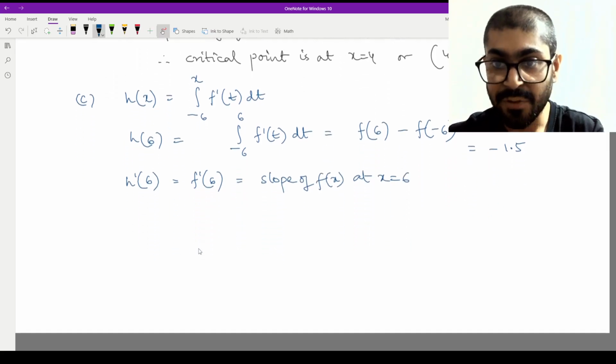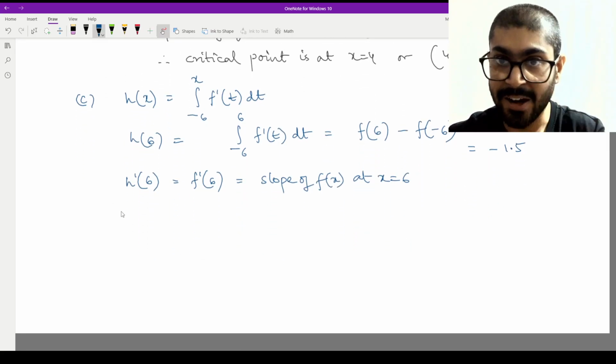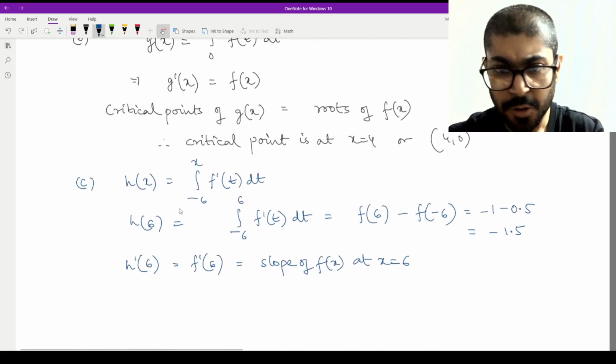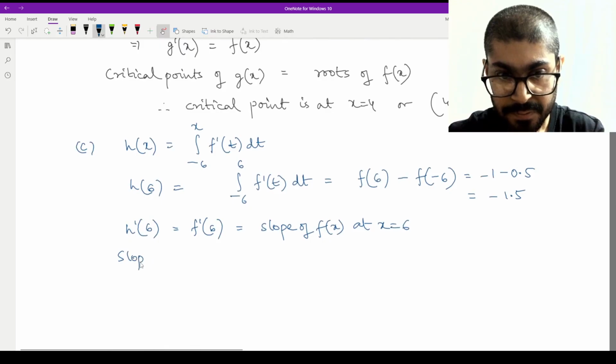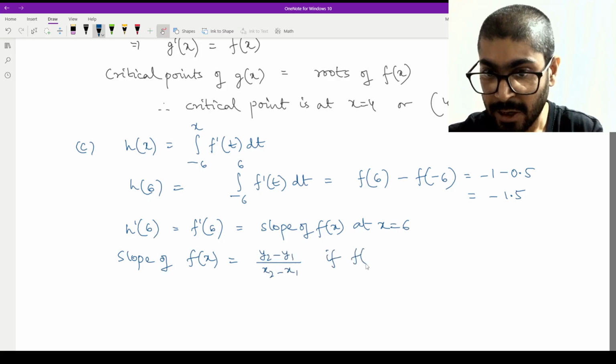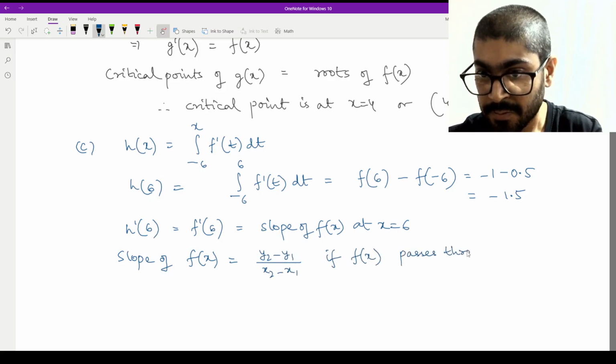Now f of x in the first quadrant is a straight line, isn't it? Linear. So the slope of f of x can be calculated as y2 minus y1 by x2 minus x1, if f of x passes through x1 comma y1 and x2 comma y2, right?